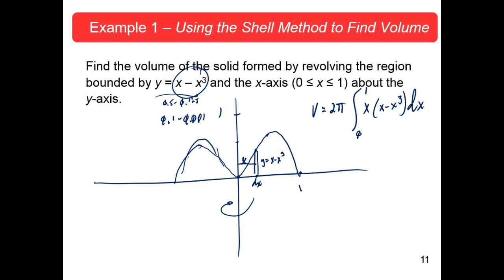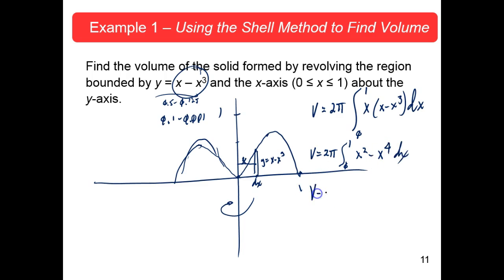Now, got a little bit to do before you do your integration, but it's not much. V is going to be 2 pi, and what does this give you? Integral from 0 to 1 of, multiply that, what do you get? x squared minus x to the 4th dx.